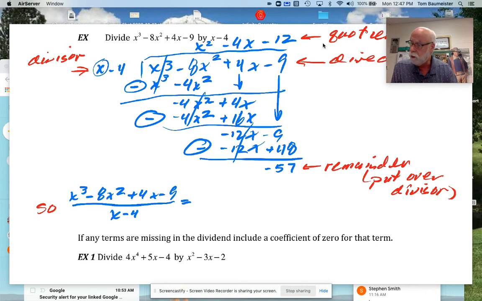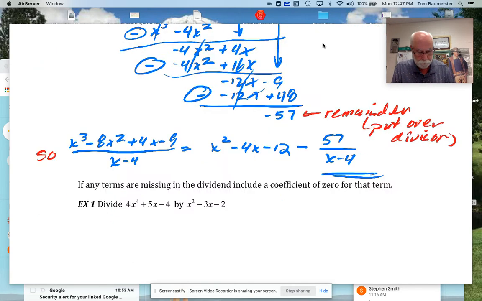And then our answer will be x squared minus 4x minus 12, and then our remainder minus 57. I told you to put it over the divisor, which is x minus 4. And that's your answer for the first one.